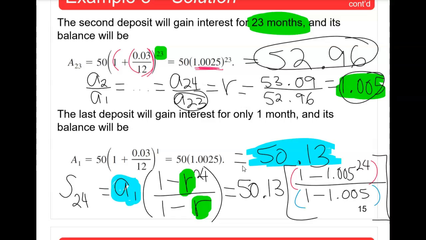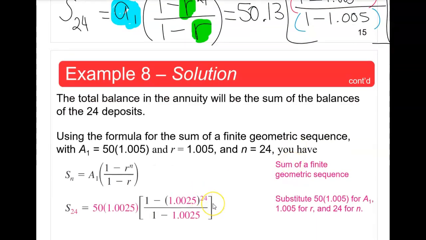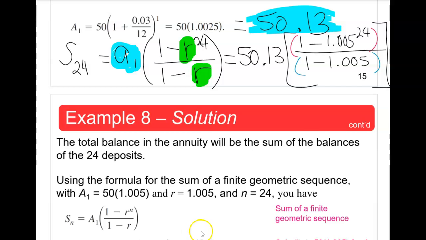And then we gotta close the bracket. So that same substitution is what you could see here.